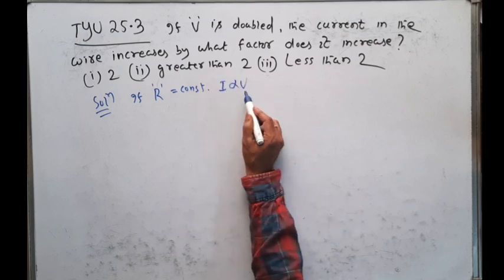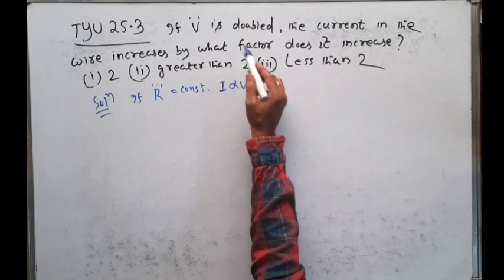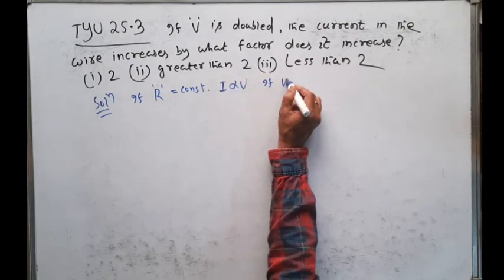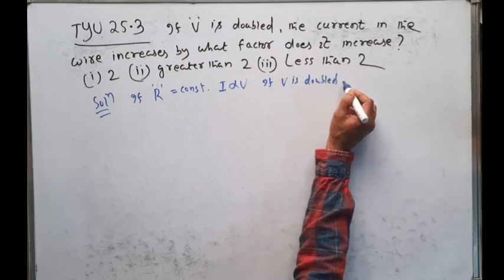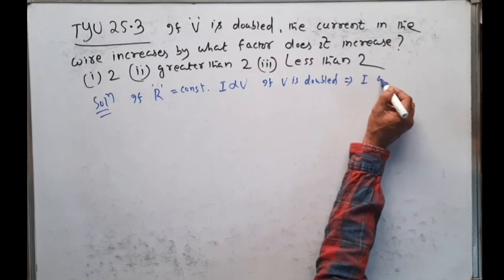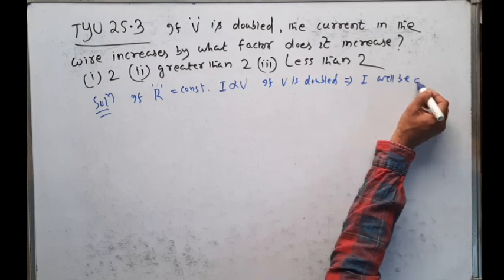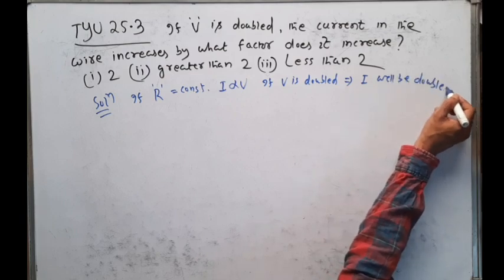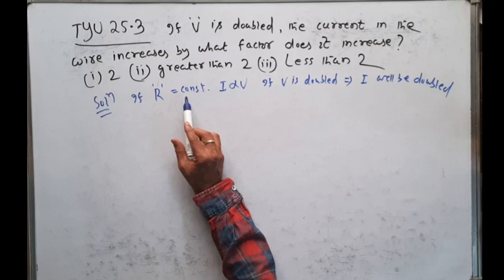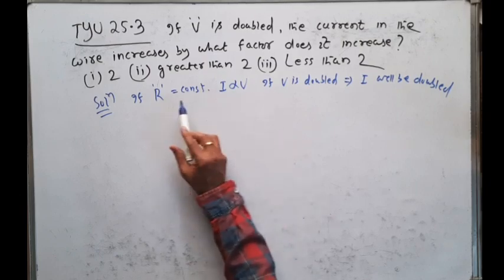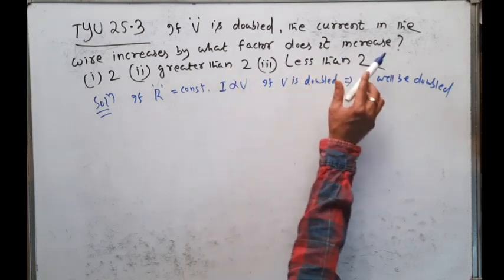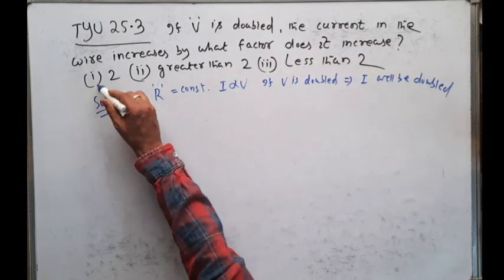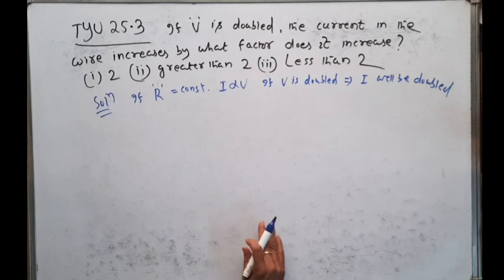We know according to Ohm's law. So if V is doubled, then automatically current will be doubled, provided the resistance is constant. So in this case, if resistance is constant, we can say current increases by 2 times. So this would be the answer. First bit would be the answer.